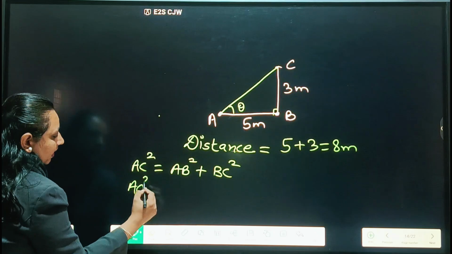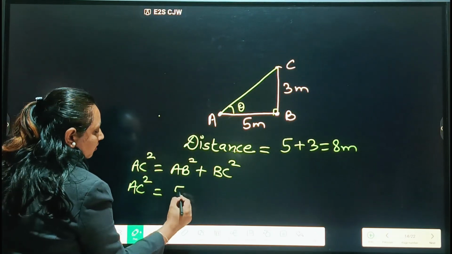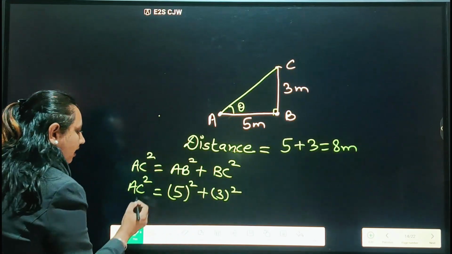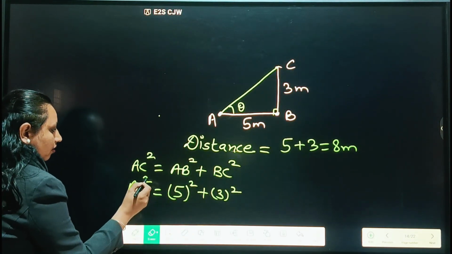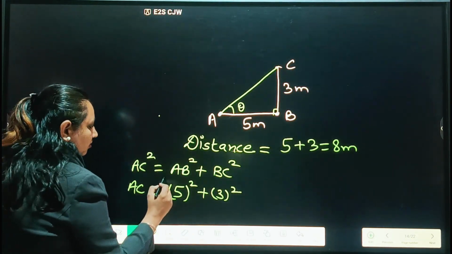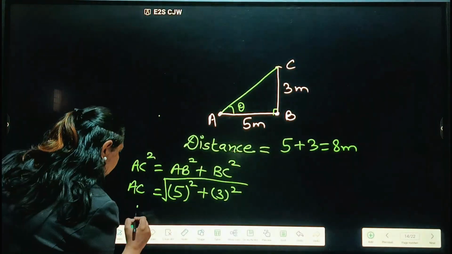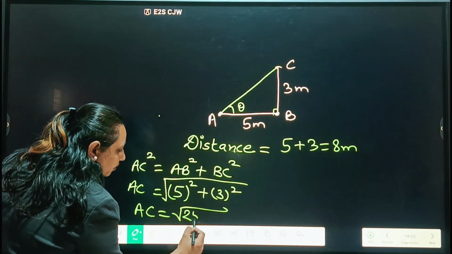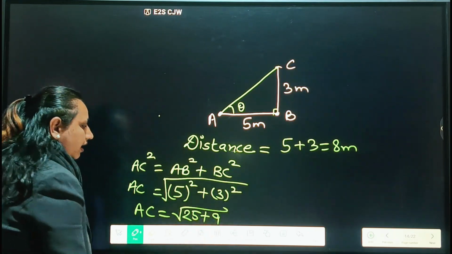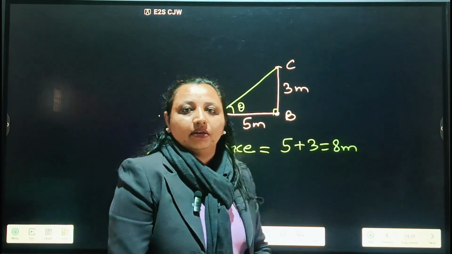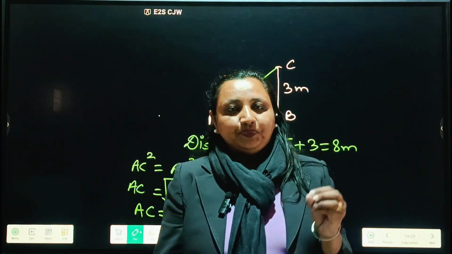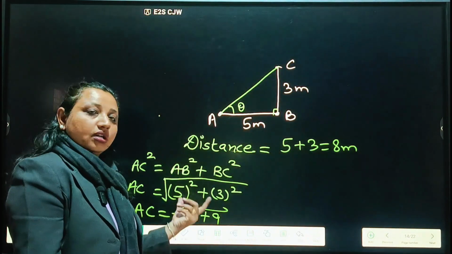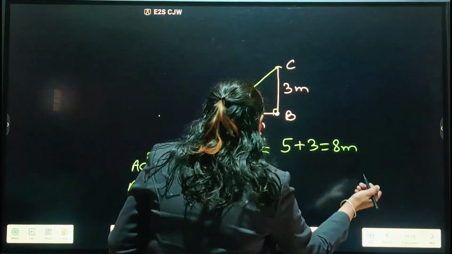So AC square is equal to 5 square plus 3 square, and this square goes under root. ठीक है, so AC is equal to root of 25 plus 9. So this is how we can find the magnitude of the displacement. या फिर this is the Pythagoras theorem, we can also find it with the triangular law.